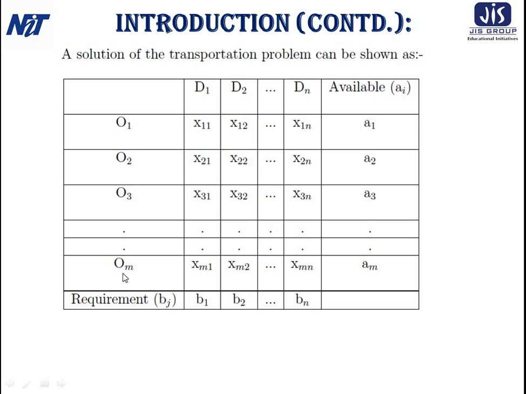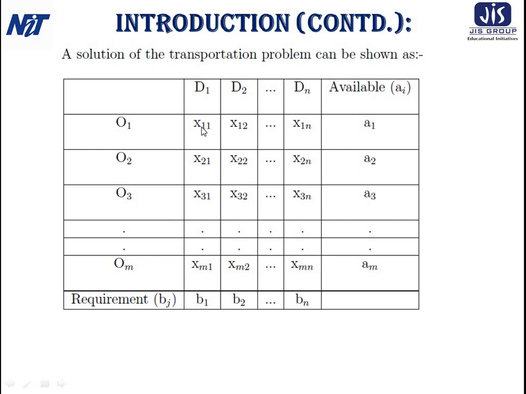Similarly other. So suppose we are supplying from Om origin to Dn destination, the number of unit is xmn. So xij is the number of unit which is supplied from ith origin to jth destination. Since in the O1 origin we supply x11 unit, x12 unit, dot dot dot x1n unit, and the corresponding available unit in this origin is A1.